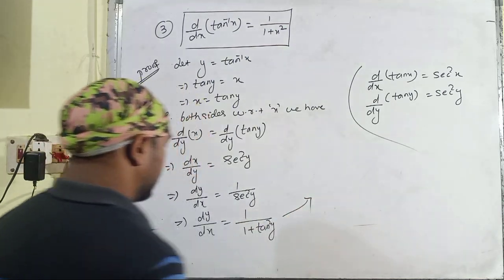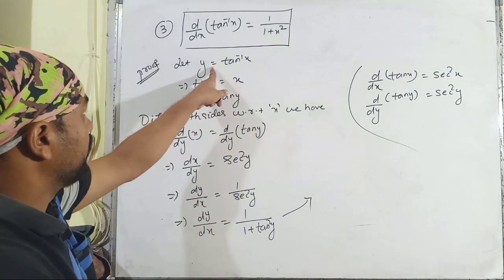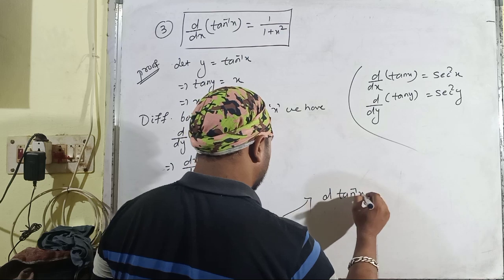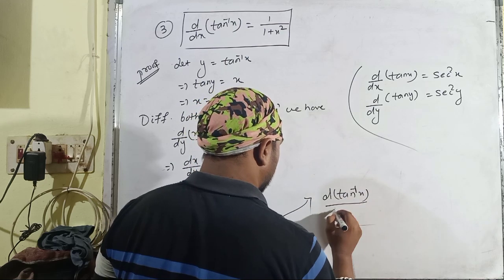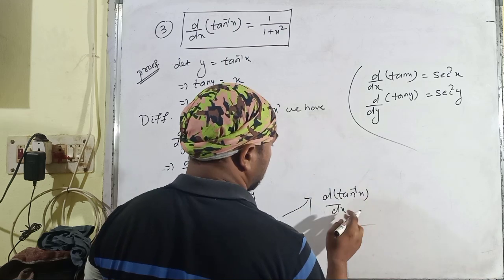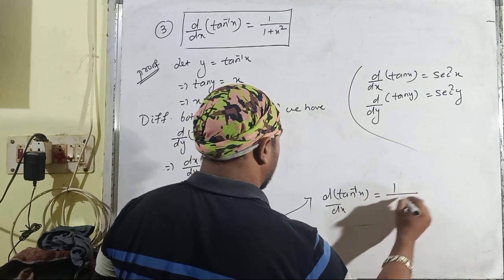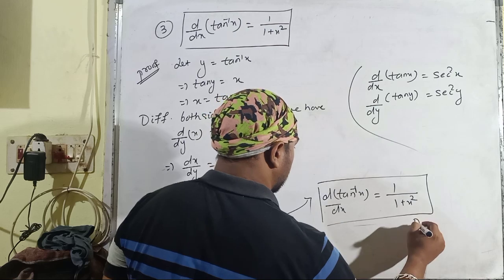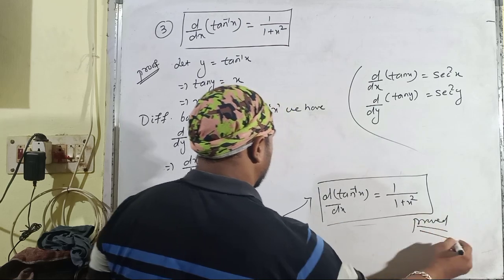Then in place of y, we can put tan inverse x. So it is differentiation of tan inverse x with respect to x. It will be 1 upon 1 plus x square, which is the proof of formula number 3.